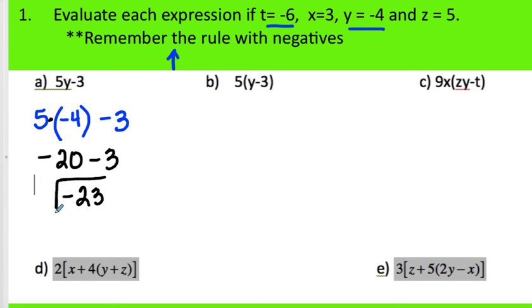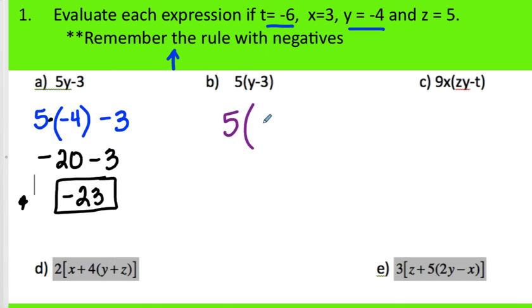Now you may have forgotten some of the rules with integers, so if you have, this would be a good time for you to come and see me for help, because I am expecting you to understand how to add and subtract positive and negative numbers at this point. All right, let's try this next one. Again, anytime we put a negative number in, we put it in parentheses.